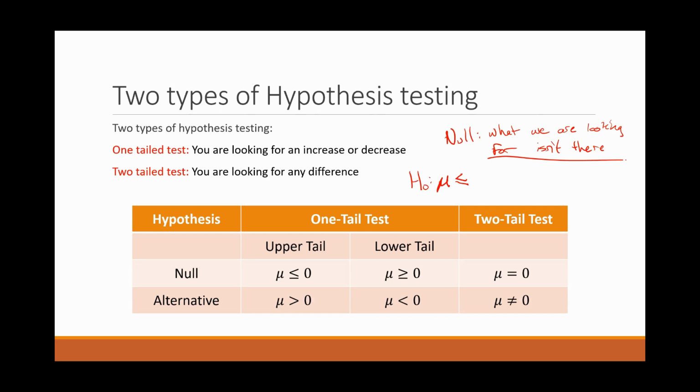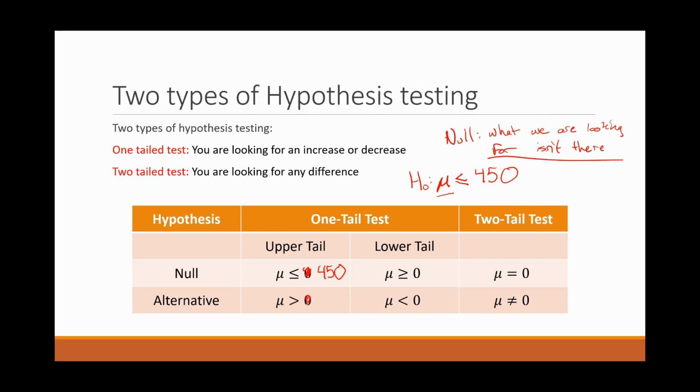We're looking for an increase, so the null is that the population SAT score for math on average is less than or equal to 450. It's not any bigger after the program's implemented. That's the null. The increase isn't there.